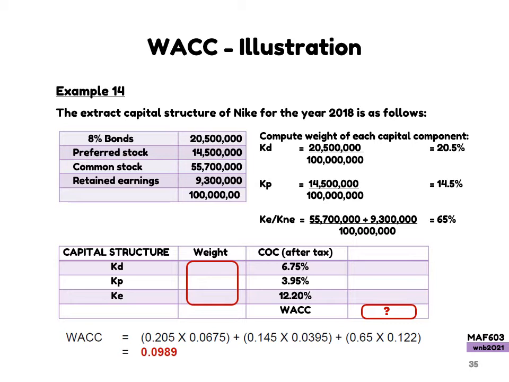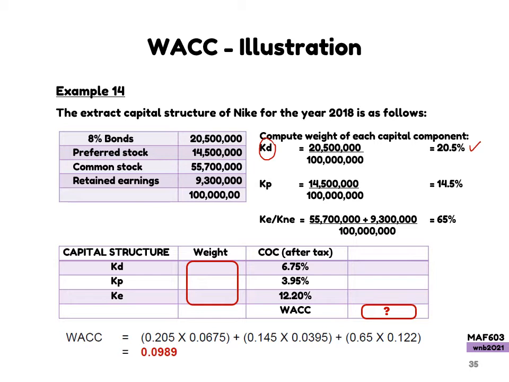Okay, even though we don't have the weight of financing, we can find it. So how to find the weight of financing for each capital component? For example, for KD, debt or bond, we have 20.5 million over 100 million. So we know that the percentage or weight of financing for debt is 20.5%. Do the same for KP and for KE or KNE, the common equity, we will add them together because we want to know the equity.